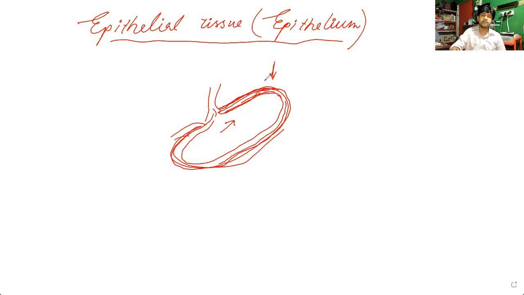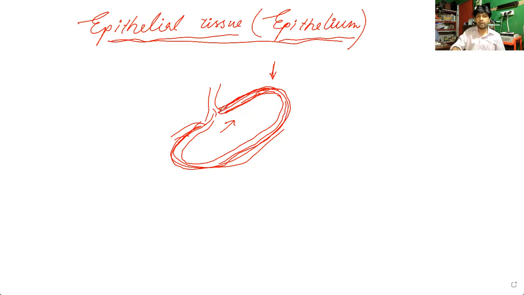That covering is made up of this epithelial tissue, or the epithelium. So what is the main function of epithelium or epithelial tissue? To cover an organ from inside as well as outside.